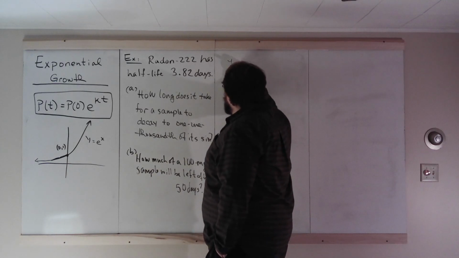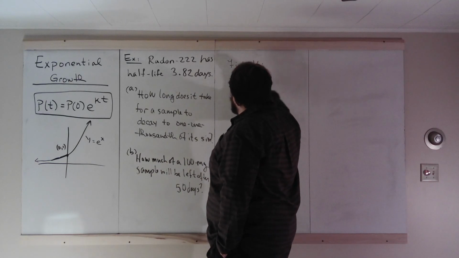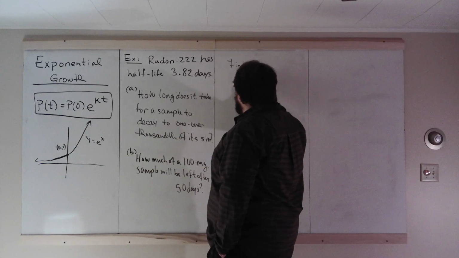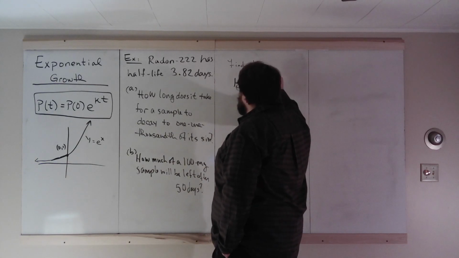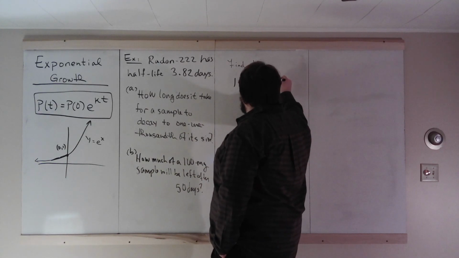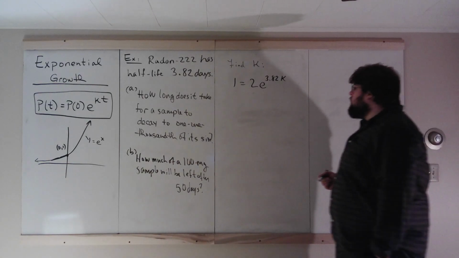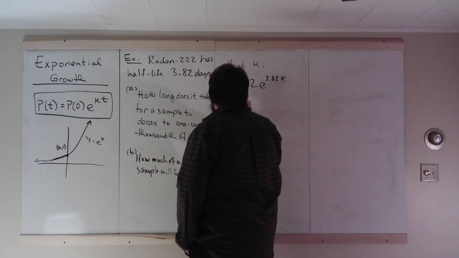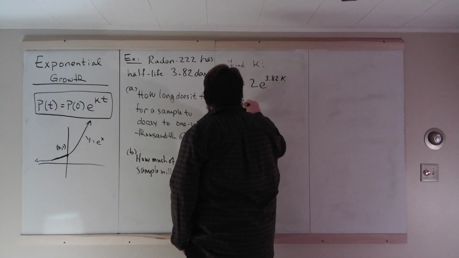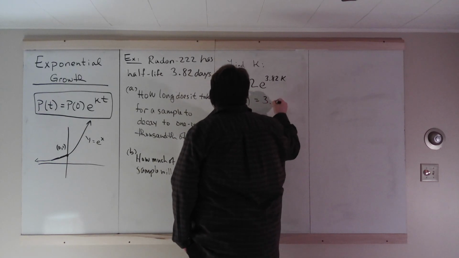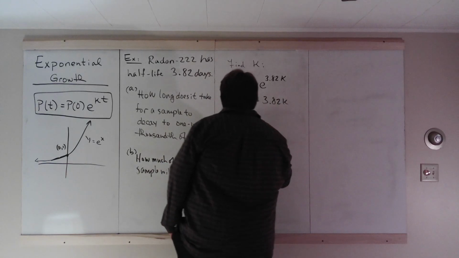So find K. 1 equals 2 e to the 3.82 times K. So divide by 2. Take a log. Log of a half equals 3.82K.